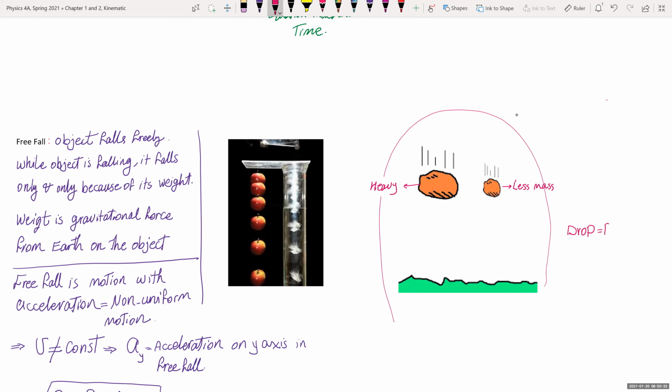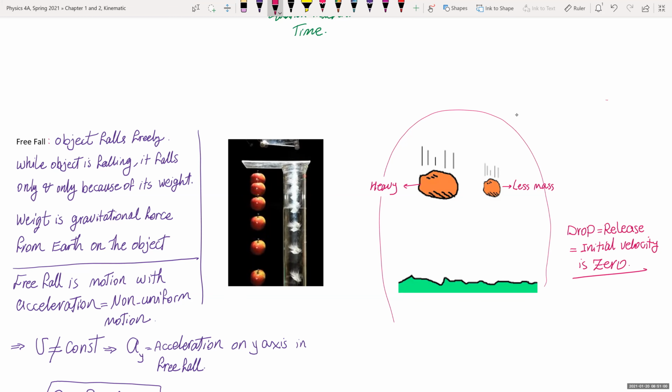drop means the same as release. Release means initial velocity is 0. So there is no initial velocity. We just let it go.